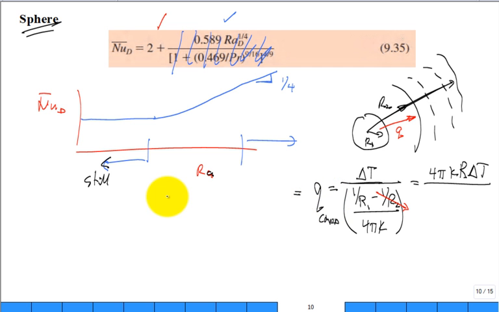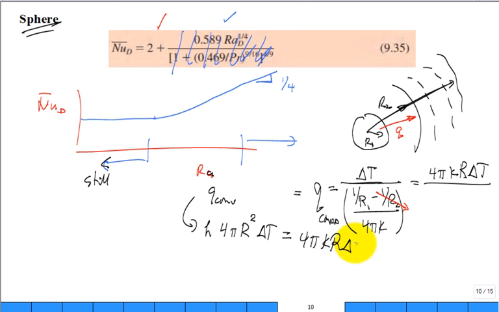What was our model for convection? Our model for convection is equal to the model of conduction. The convection model, though, is hA delta T, true? What is the area of a sphere of radius r? 4 pi r squared times delta T. So that's equal to 4 pi k r delta T. The delta T's are on both sides. The 4 pi's are on both sides. Get rid of one of the r's.